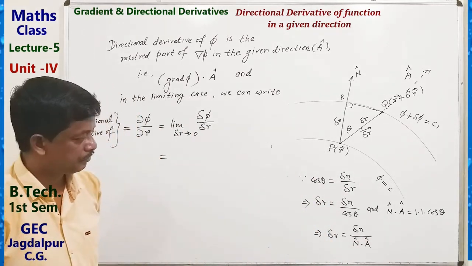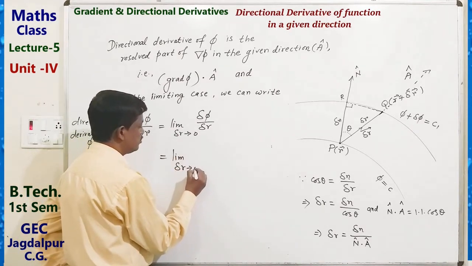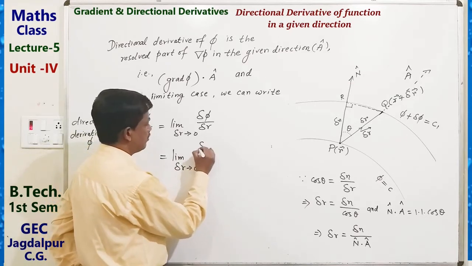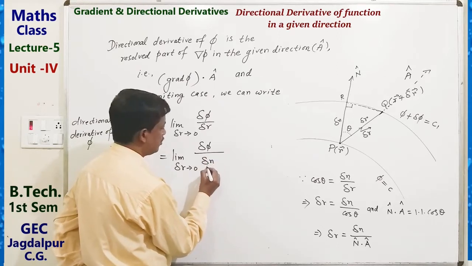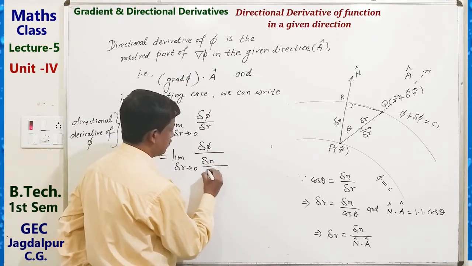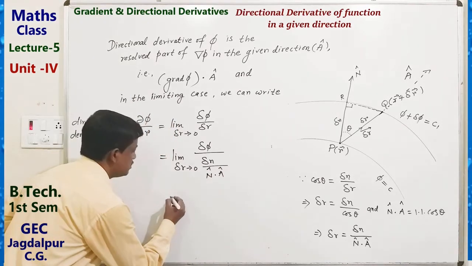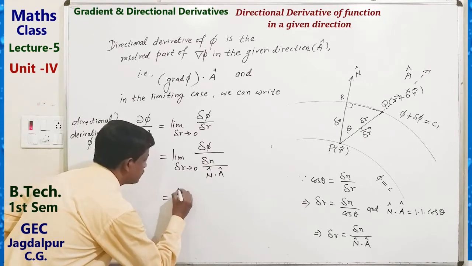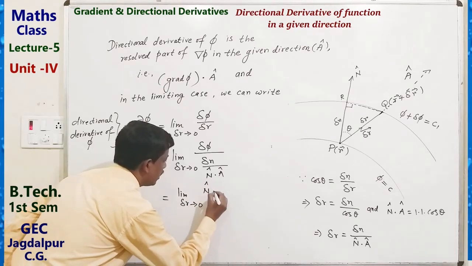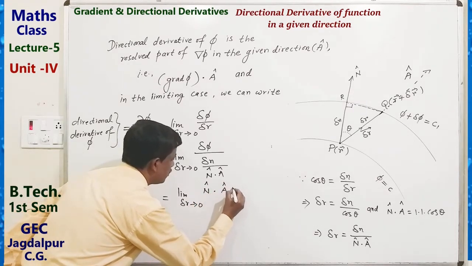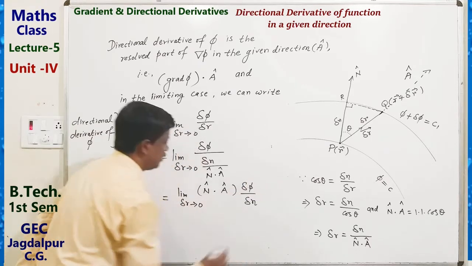So here, limit delta r tending to 0, delta phi upon delta n upon n cap dot a cap. That means limit delta r tending to 0 of n cap dot a cap times delta phi upon delta n.